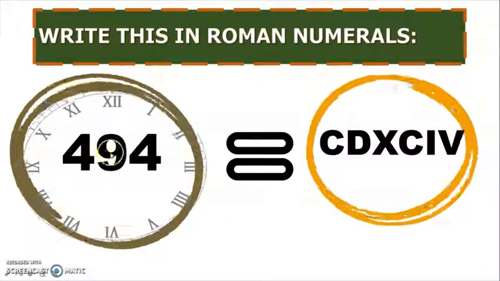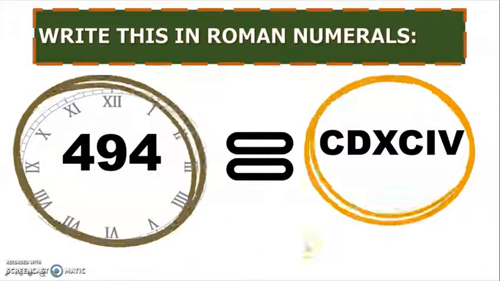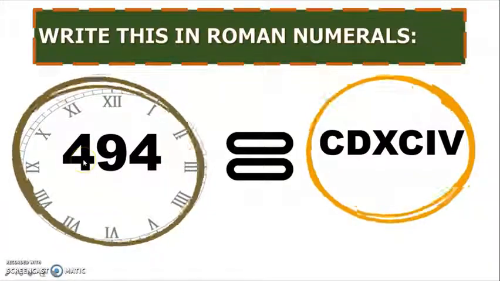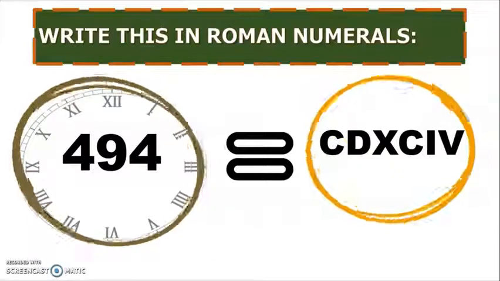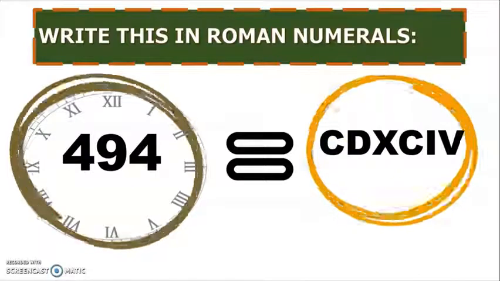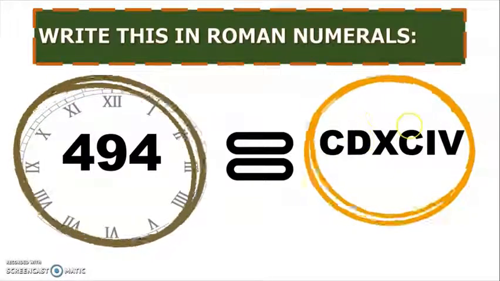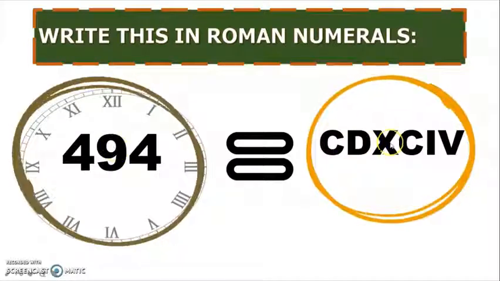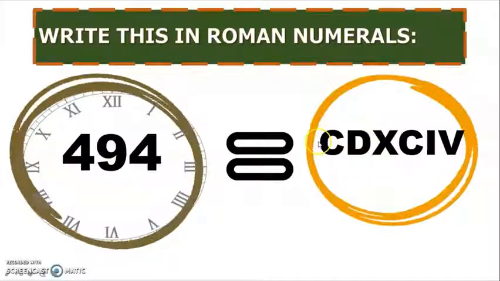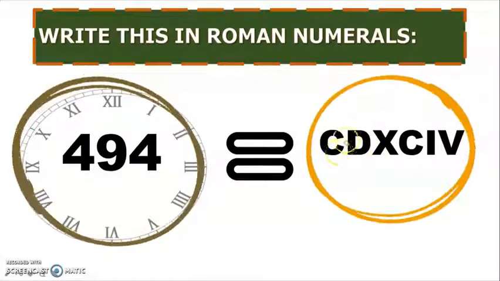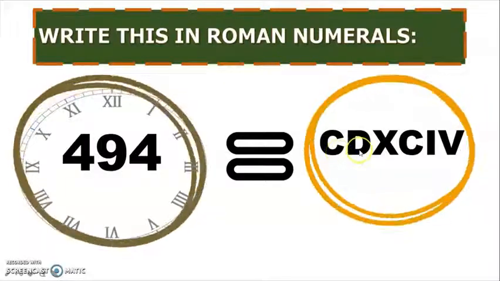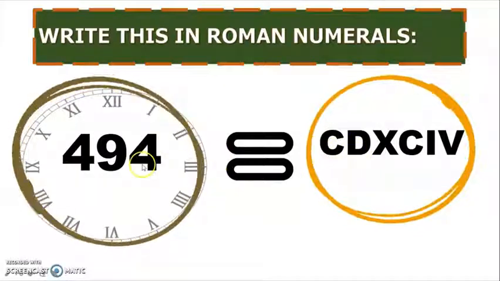Next is 494. So you cannot write four C's because you can only repeat C at 3 times, maximum of 3. So therefore, you have to subtract 500 and 100 to become 400. So D is 500, C is 100. So 500 minus 100 is 400.